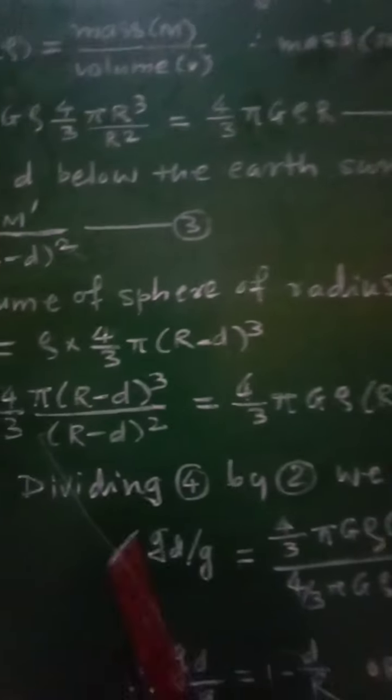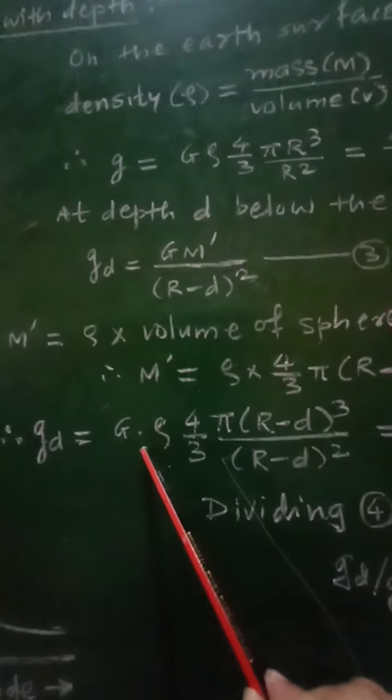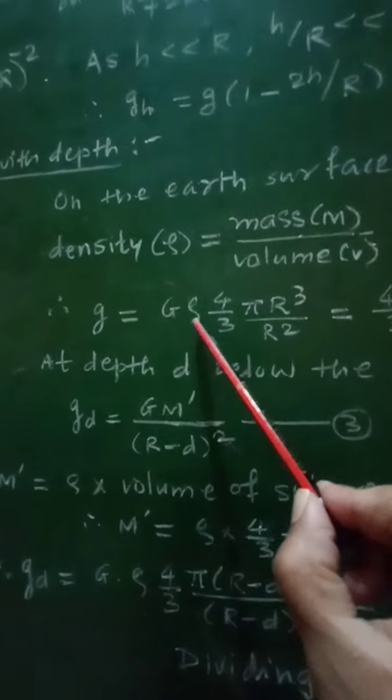Now dividing equation 4 by equation 2, equation 4 gives g_d and equation 2 gives g.